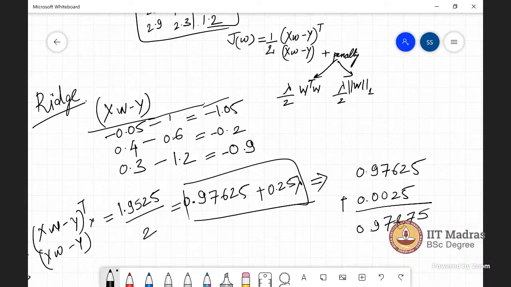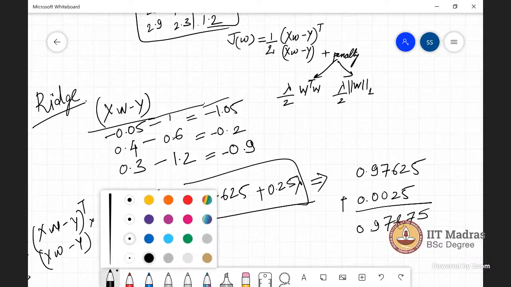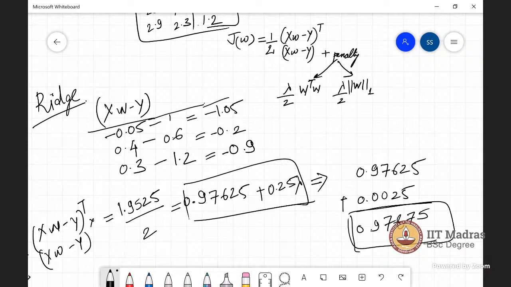Wait, I think I made a mistake. 0.25 into 0.01. You said 0.01, right? Correct. Let me check. 0.01. Okay, then this should be right. Yeah, that's correct. So this is the value for the ridge problem. Okay, so we have solved it for ridge.